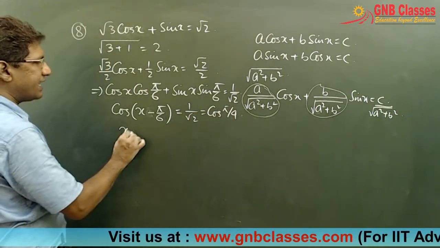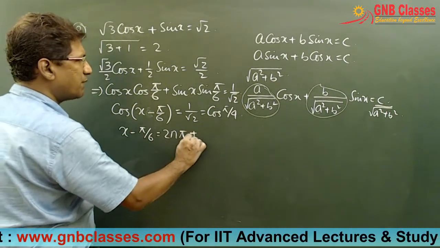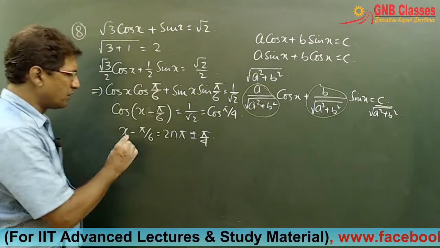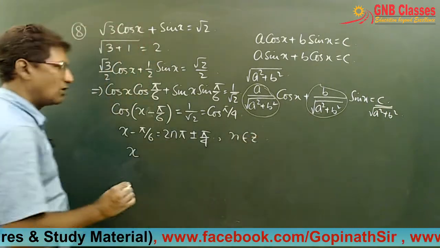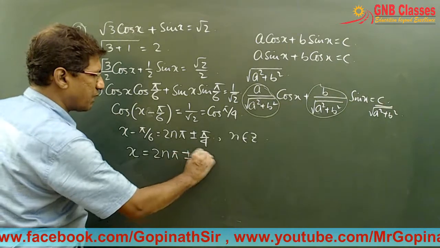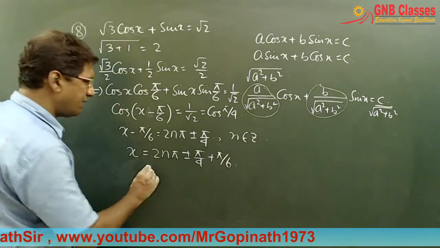So from here we are getting x minus pi by 6 is nothing but 2n pi plus minus pi by 4. Is it clear to all of you? So from here we are getting, n belongs to Z, that is obvious, x equals 2n pi plus minus pi by 4 plus pi by 6. Is it clear?